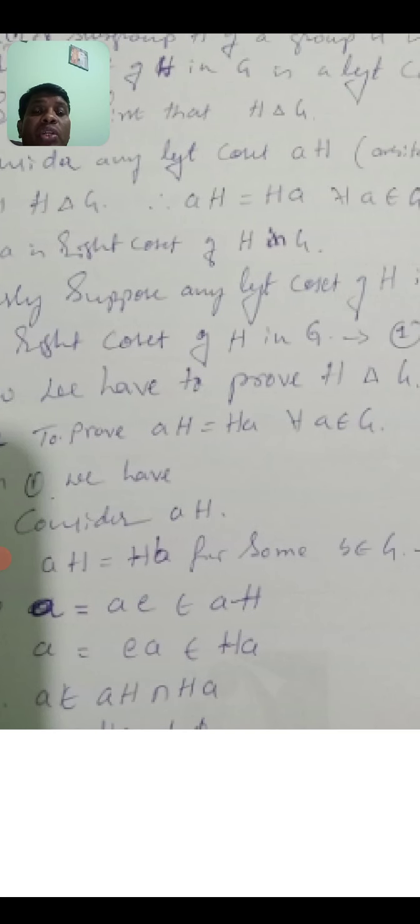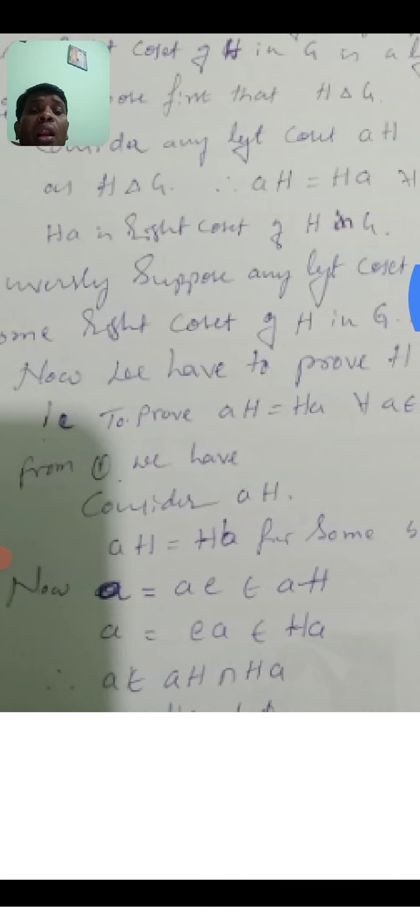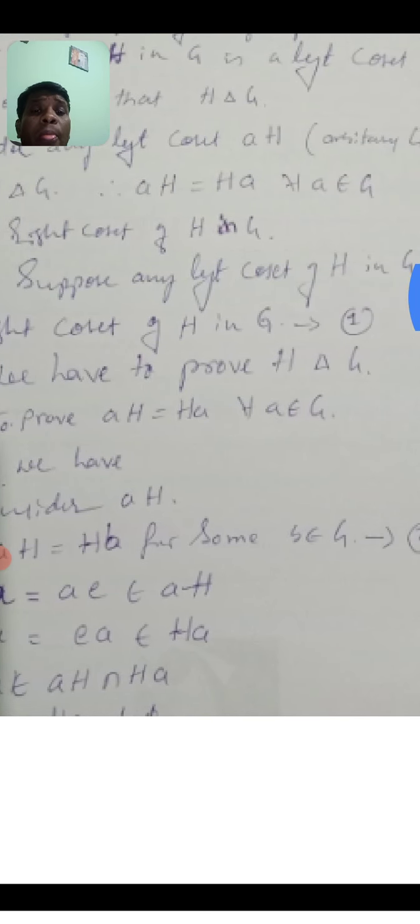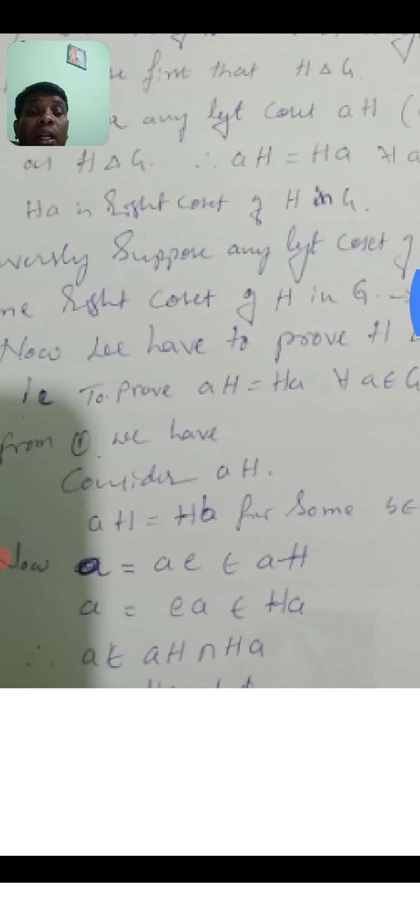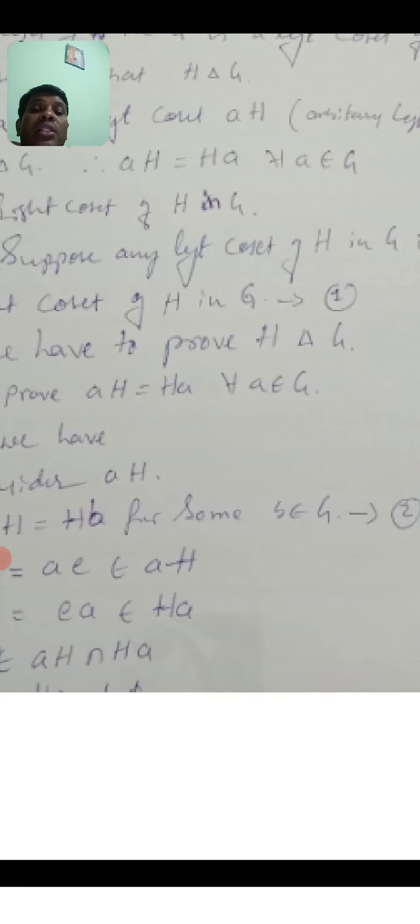Write it as equation number 1. Now we have to prove H is normal in G, that is, to prove the left coset aH is equal to the right coset Ha for all a belongs to G.